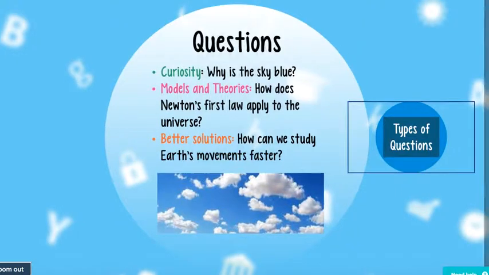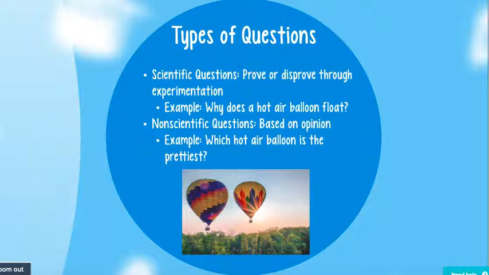Then the video talks about types of questions. There are two main types of questions, scientific questions and non-scientific questions. Scientific questions prove or disprove something through some sort of experiment. In other words, they can be tested. For example, why does a hot air balloon float?